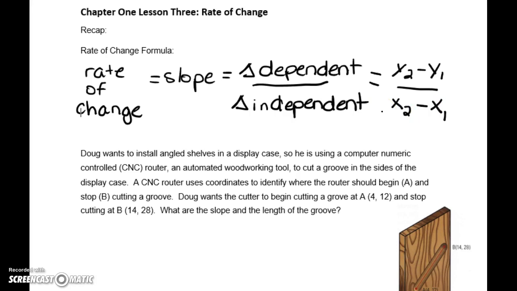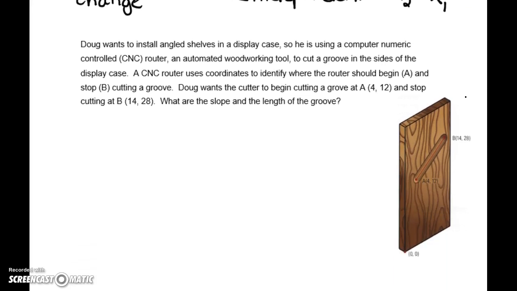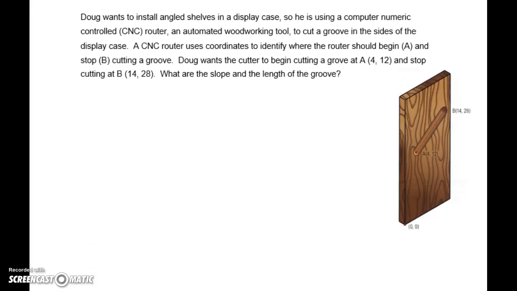So now we're ready to move on to our first example in our lesson. And this one here will be using our very last form of the rate of change formula. So Doug wants to install angled shelves in a display case, so he is using a computer numeric controlled router, an automated woodworking tool to cut a groove in the sides of the display case.